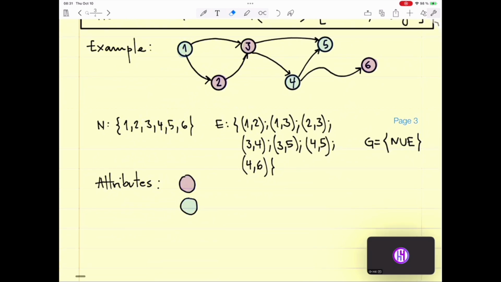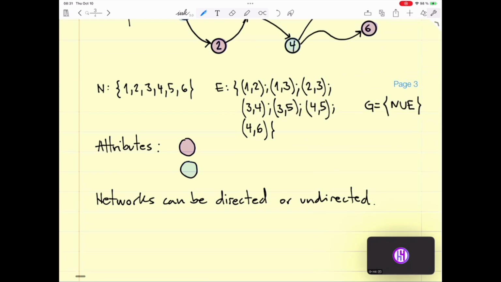So networks can be directed or undirected. Directed is if the edges, let's say, to put it in a way, have an arrow.